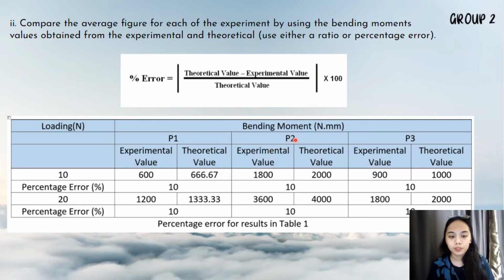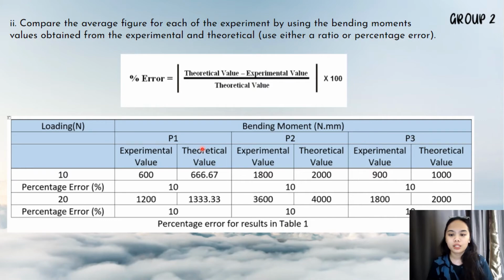And then in P2, when the loading is 10 Newton, the experimental value is 1800, the theoretical value is 2000 Newton meter square, and the percentage error is 10%. When the loading is 20, the experimental value is 3600 and the theoretical value is 4000. The percentage error calculated is also 10%.